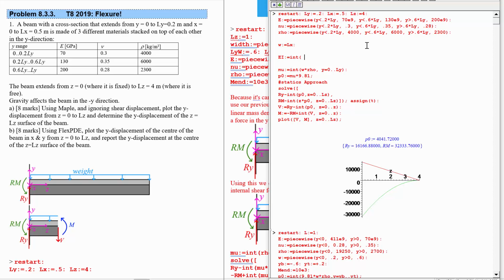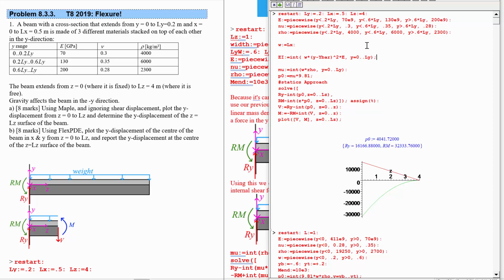So integral of w times what? Integral of y minus y bar squared, but we're going to weight this integral with the stiffness. And integrating over the cross-section means multiplying by this width, which we can do because nothing depends on the x position, and then taking y from 0 to Ly in this case to go over the whole cross-section.